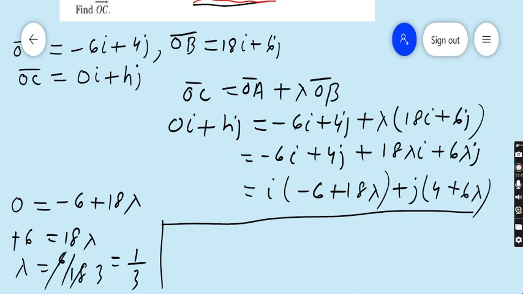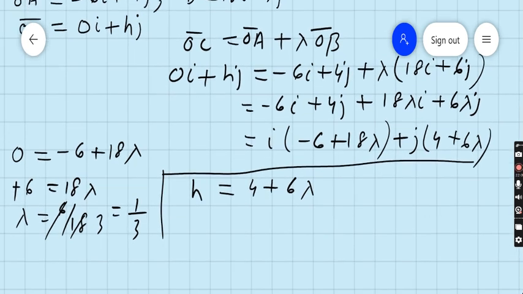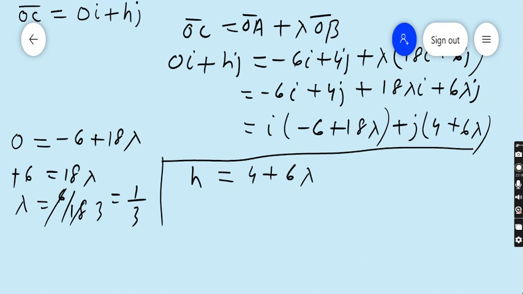On left hand side the coefficient of j is h. On right hand side the coefficient of j is 4 plus 6 lambda. So h is equals to 4 plus 6 lambda. Lambda we have found 1 upon 3, 3 twos are 6, 4 plus 2 is 6.